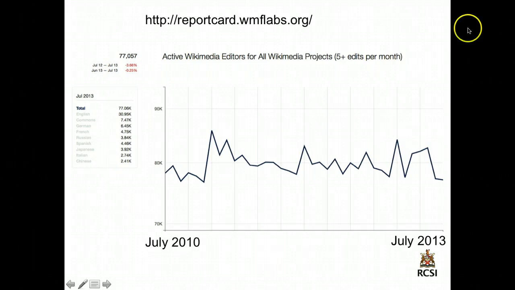But look, active Wikipedia editors. So we have our 80,000. Spike there for some reason, I don't know why. And in actual fact, between July 2010 and July 2013, the number of Wikipedia editors has actually decreased. So while we consume, not very many of the population actually produce information online. We produce a lot of messages and we produce a lot of social conversation, but we don't produce an awful lot of hard, reliable, if you like, information.